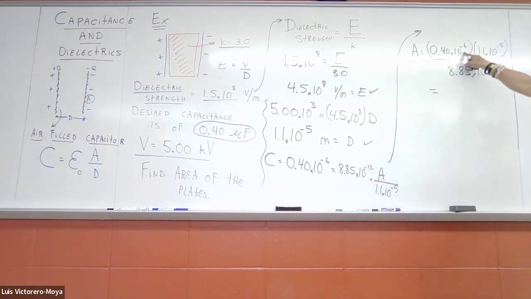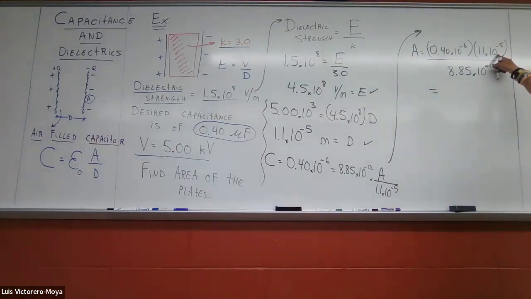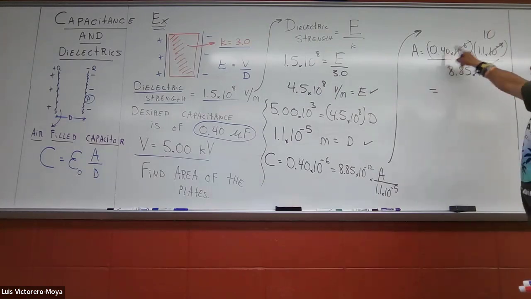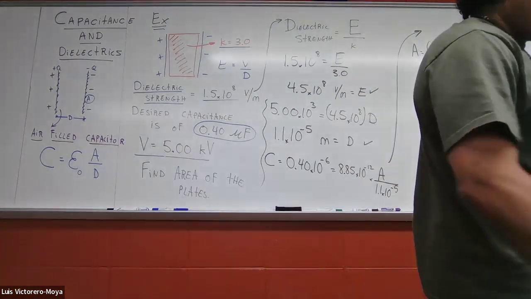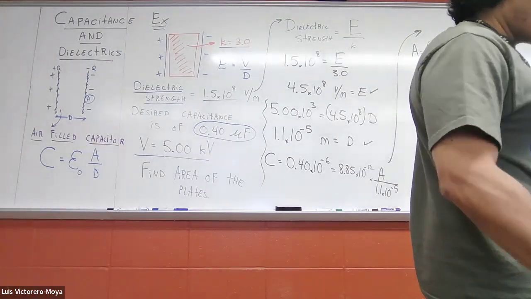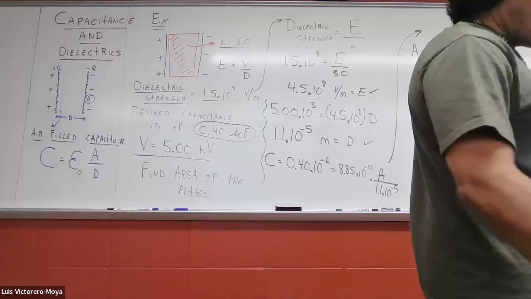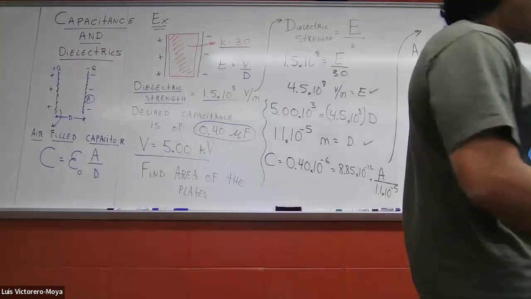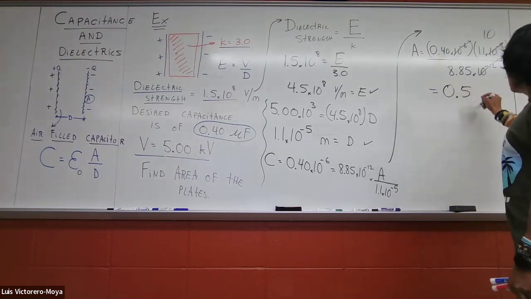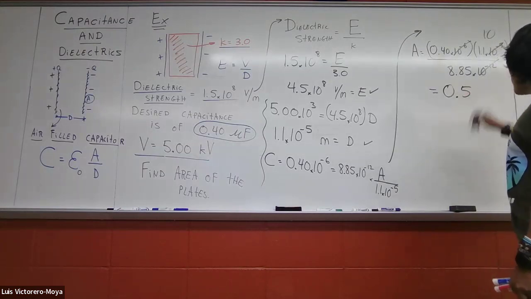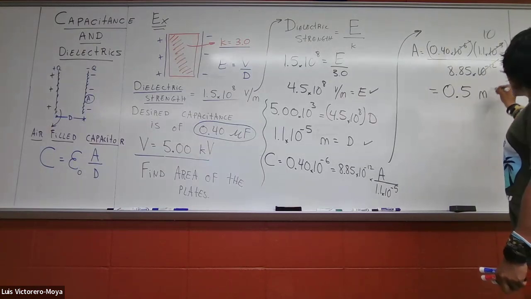So negative 6 times negative 5, you add the exponents, negative 11, negative 12. 0.40 times 1.1 divided by 8.85 multiplied by 10, gives 0.5 meter squared.